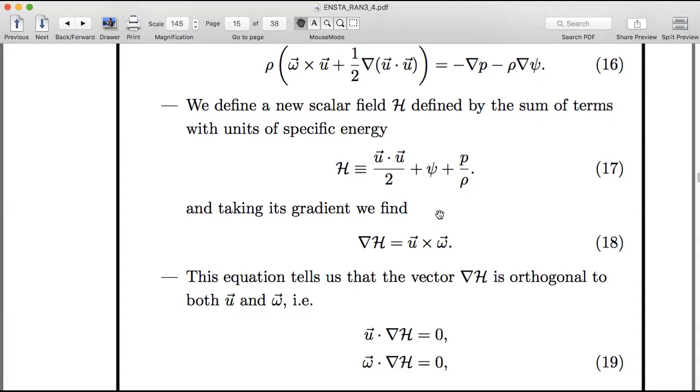This tells us a lot about the flow. We can interpret it as follows. This gradient of curly H is a vector, and that vector has to be perpendicular to u and omega, because that's a property of the cross product: the cross product of two vectors gives you a third vector that's perpendicular to the first two.